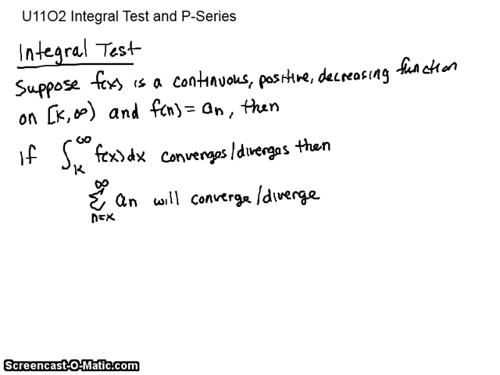So if the integral converges, the sum converges. If the integral diverges, the sum diverges. Now, this is different from our geometric series in so much as this does not tell us what we converge to.